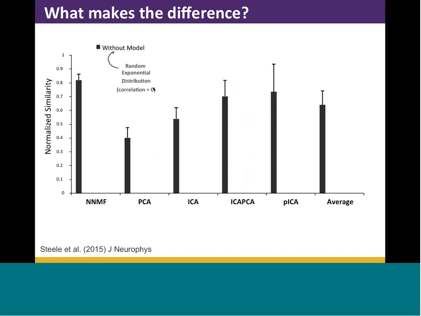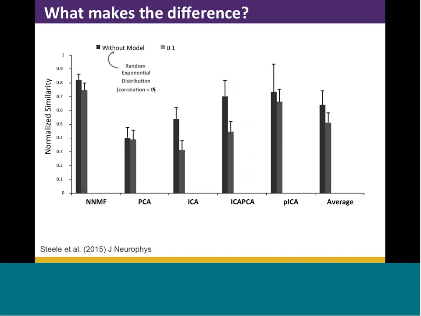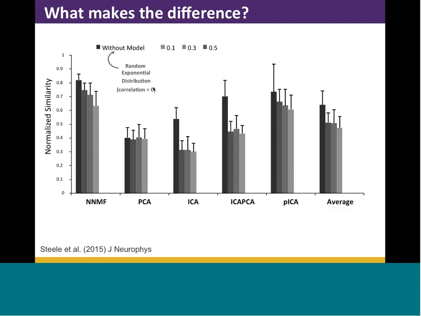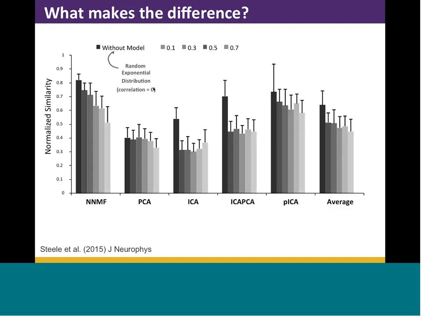And what we saw was as we increased the correlation from 0.1 to 0.23, 0.5, 0.7, 0.9, especially for non-negative matrix factorization and any of our independent component analysis algorithms, that we did see this decrease in our ability to identify those underlying synergies as that correlation increases, which makes especially total sense when you're thinking about independent component analysis, because as soon as they start to be correlated, they're no longer independent.